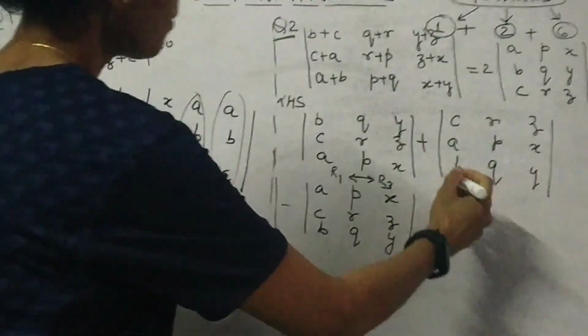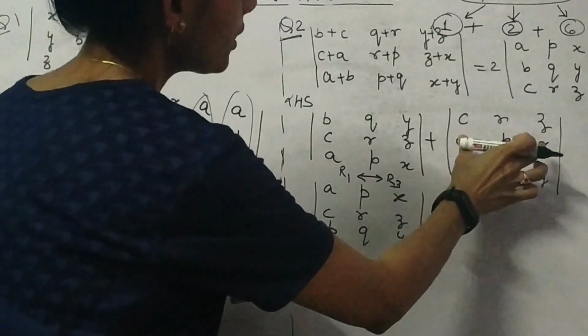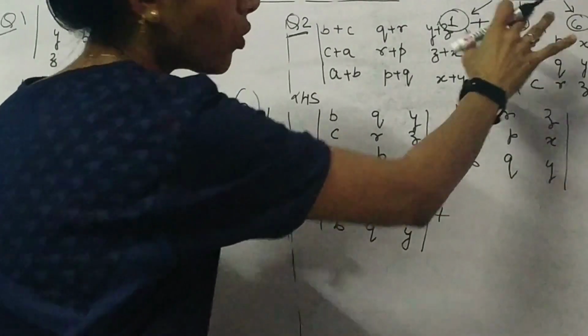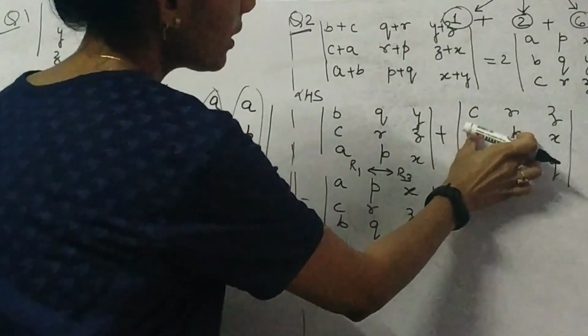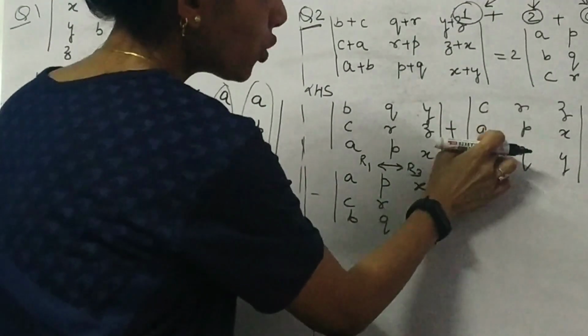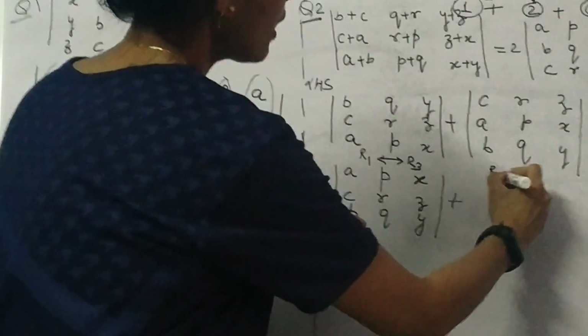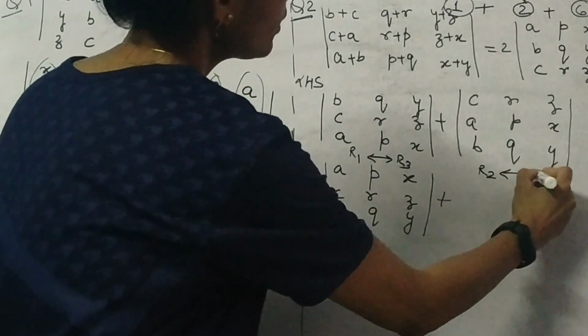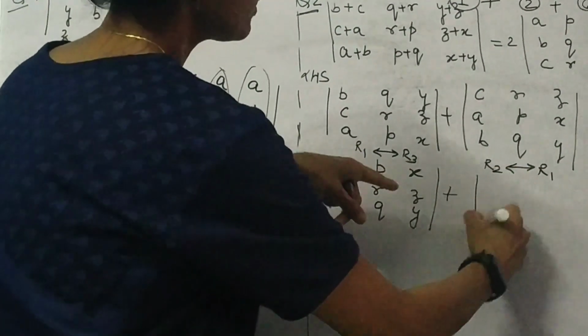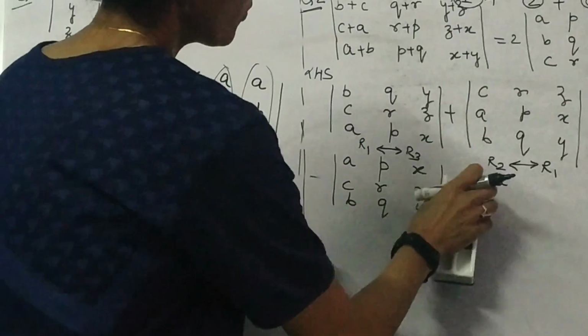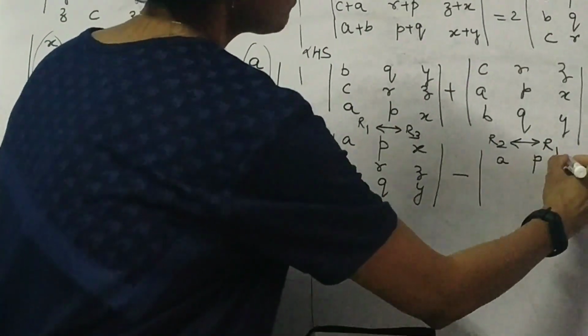Okay. So same here, I can interchange. Here I need A, P, X on my first row. So here I will be interchanging R2 with R1. Since I am interchanging, the sign will be minus.